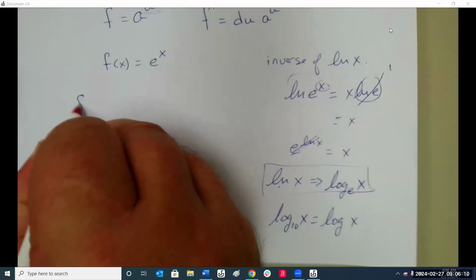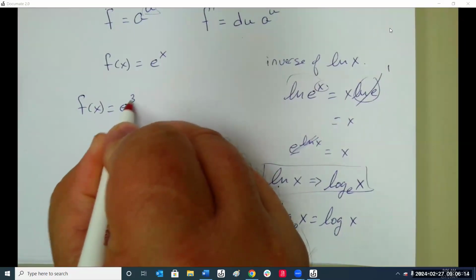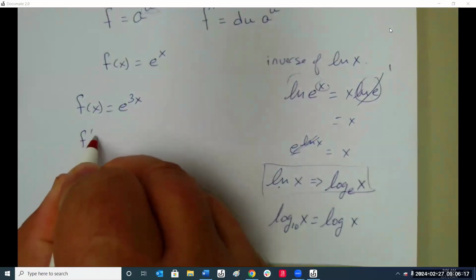So if we had f of x equals e to the 3x, what would the derivative be?